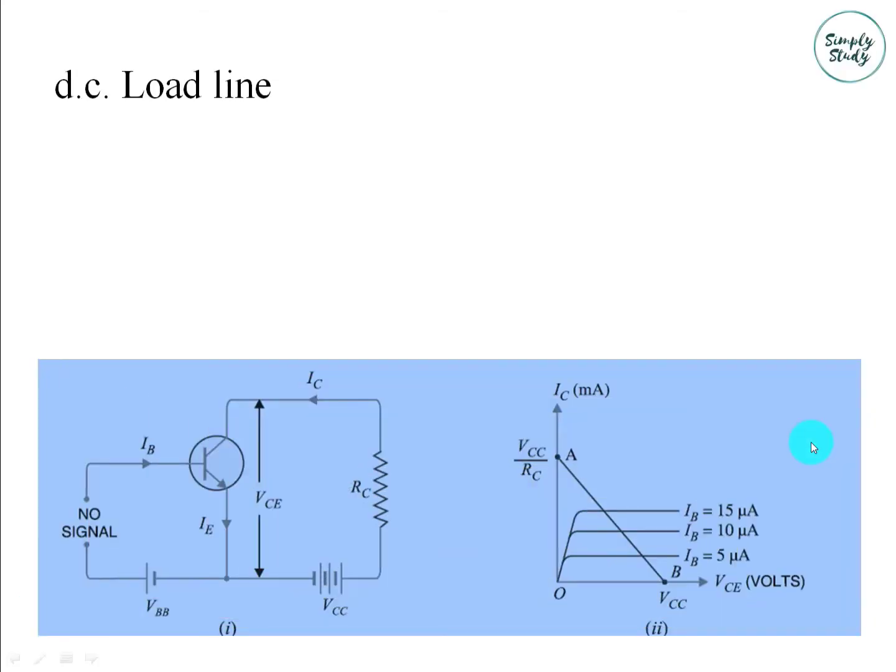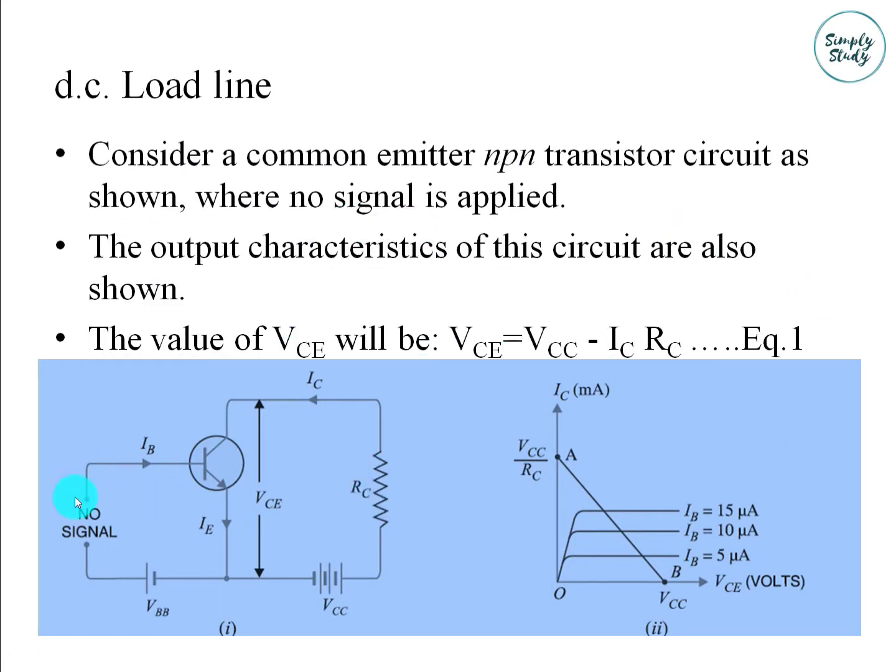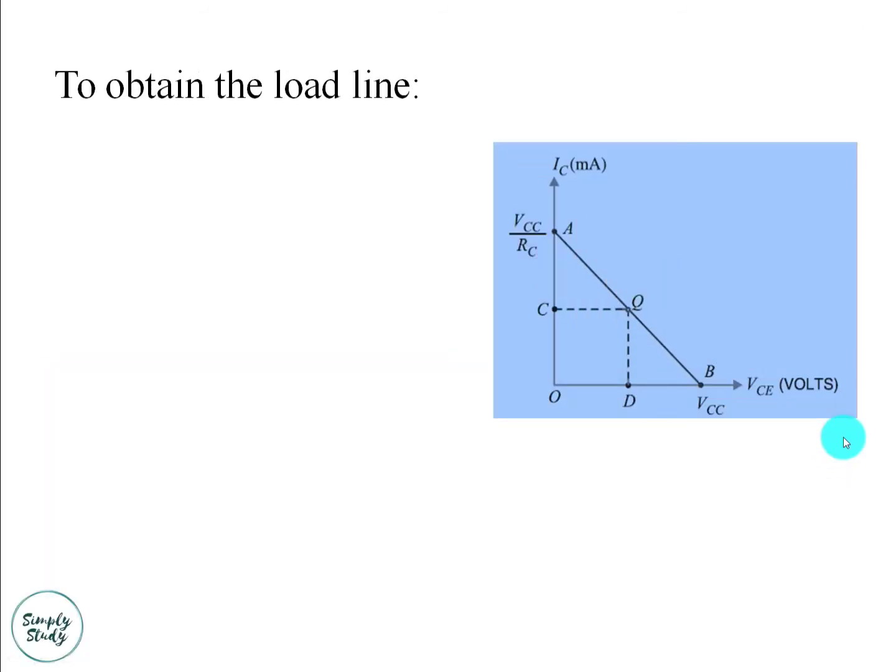Consider a common emitter NPN transistor circuit as shown, where no signal is applied. The output characteristics of this circuit are also shown. The value of VCE equals VCC minus ICRC, which can be marked as equation 1. To obtain the load line, the two endpoints of the straight line are to be determined.